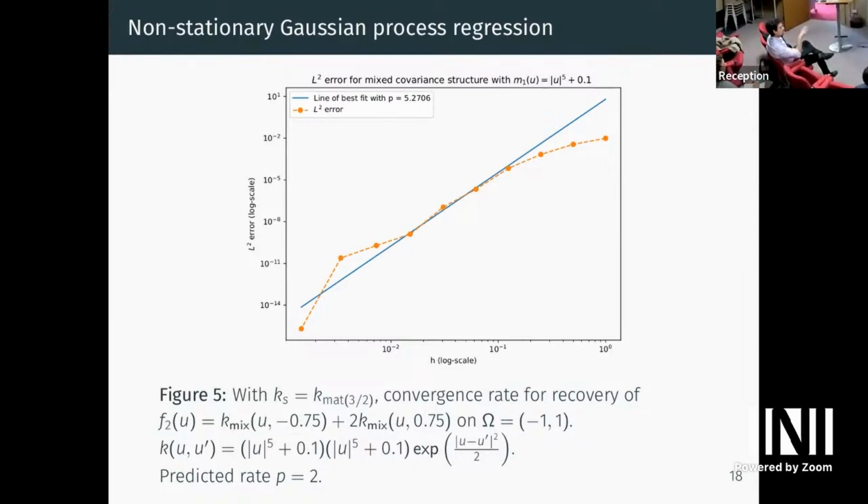That's the assumption. Yeah. So we have numerical examples that show that even if the function is outside, you still get those rates as well. But for the theory to work, you have to assume it.